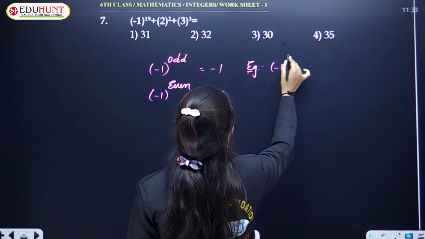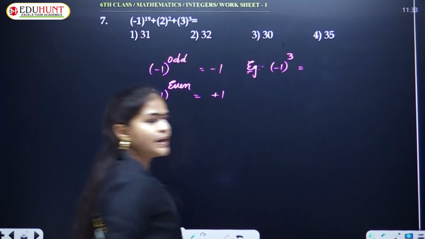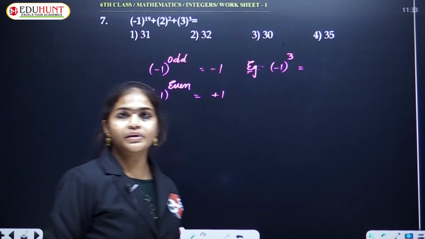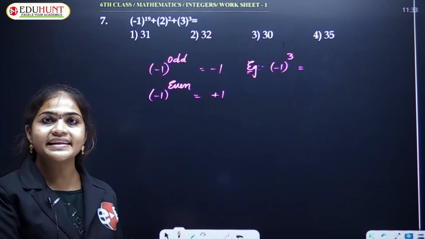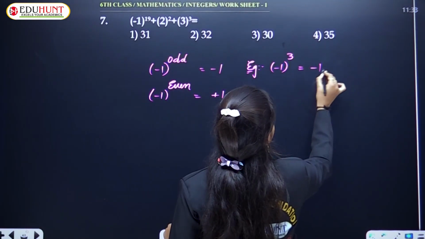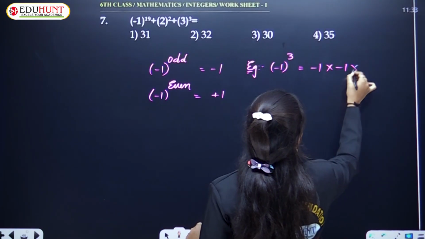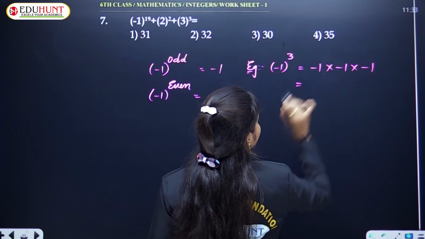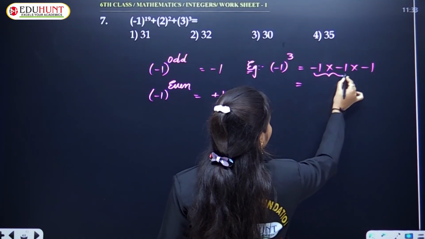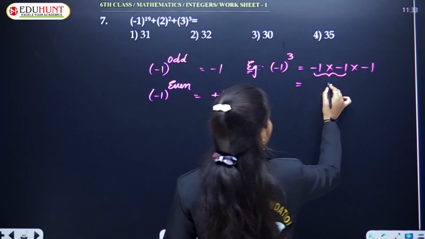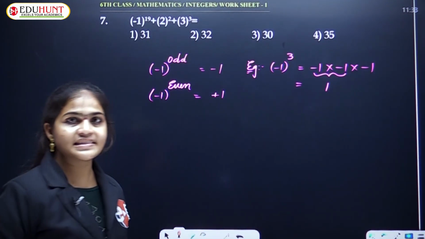Minus 1 power 3. What is the meaning of minus 1 power 3 here? Minus 1 multiplied by itself how many times? 3 times. We can write this as minus 1 into minus 1 into minus 1. Minus into minus is plus. While multiplying these two numbers, 1 into 1 is 1, and minus into minus is plus.